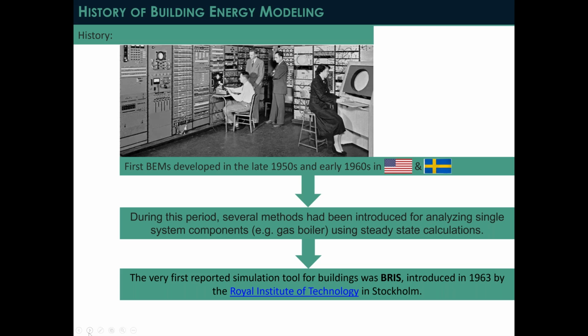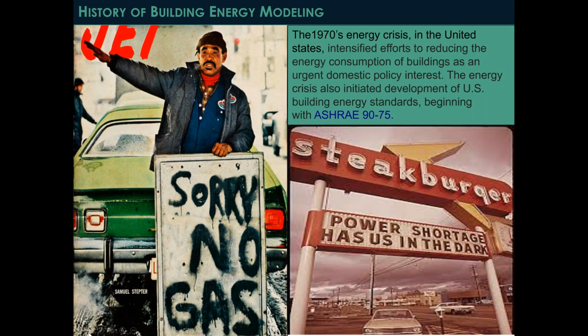So it started from single system component analysis, such as a gas boiler, and with steady-state calculations. The first developed simulation tool was called BRIES, which was built in 1963 at the Royal Institute of Technology. It shows how old energy modeling is, how big a history it has, and that it started a long time ago, from the start of the computer.